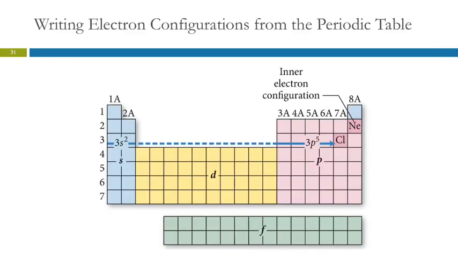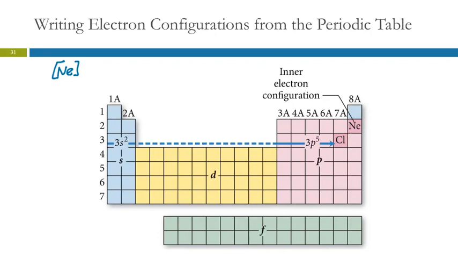So let's do this one. Look at these examples. So if we're going to do chlorine, we find chlorine on the periodic table. For the noble gas shorthand version, we just go to the previous row and find the noble gas there at the end. So that's neon.